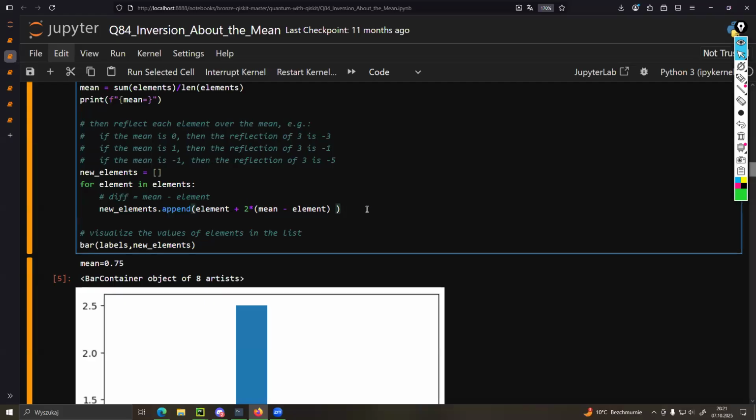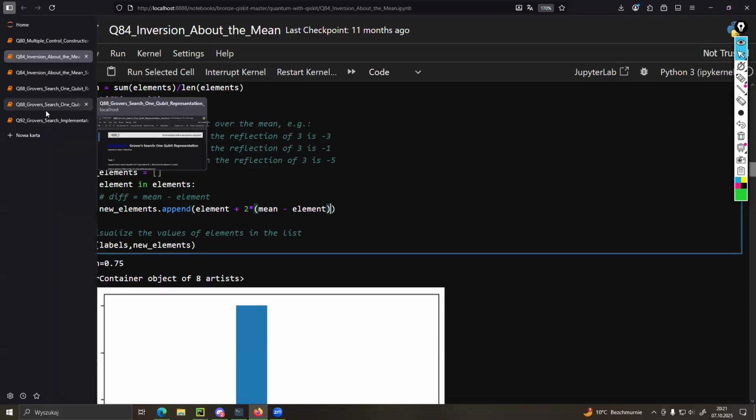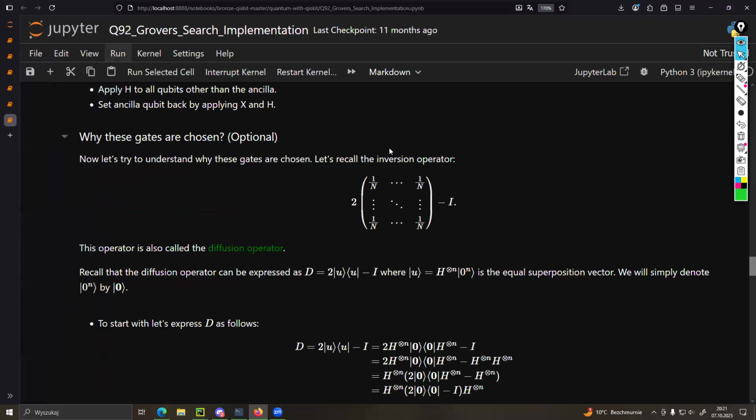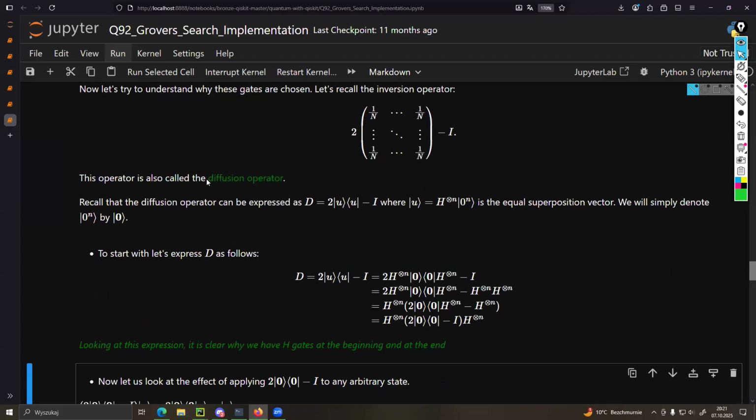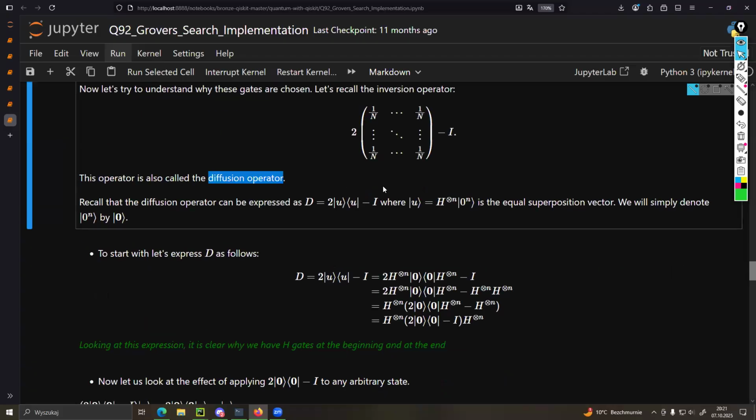When we refactor this equation, we could get something that resembles this. So we have identity and then 2 times the actual difference. And this entire operator, this entire matrix that results in this linear combination of the 2 matrices, is also called a diffusion operator. So we could say Grover operator, Grover diffusion operator, all of these mean the same thing.